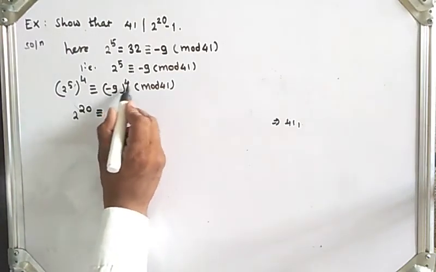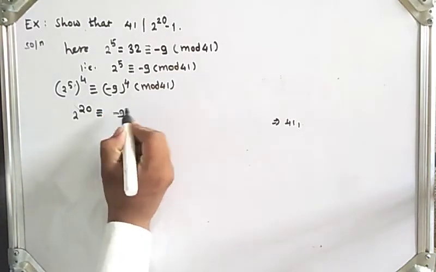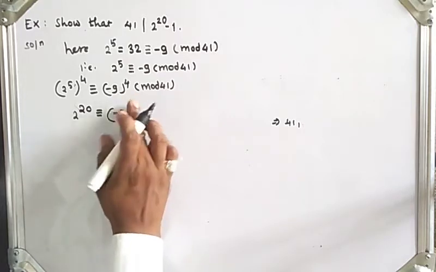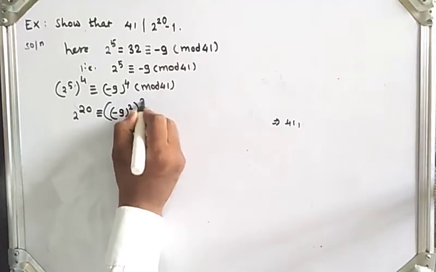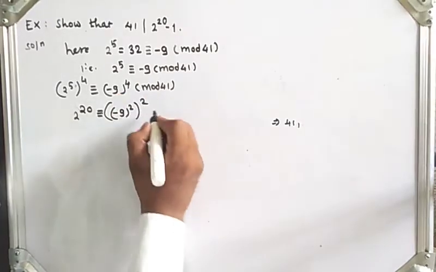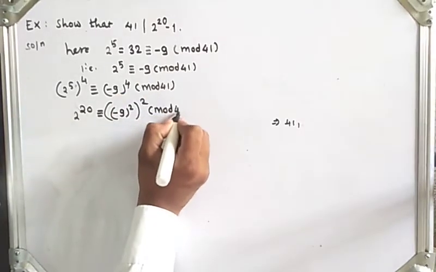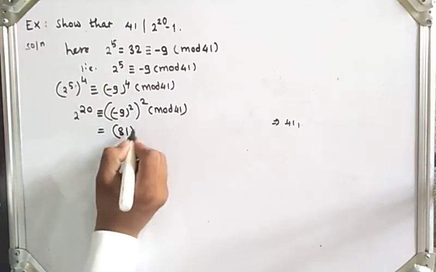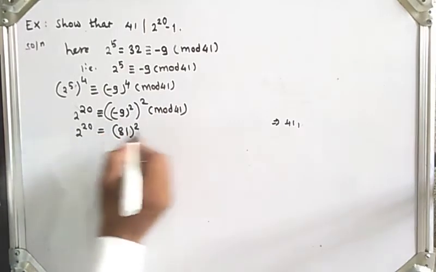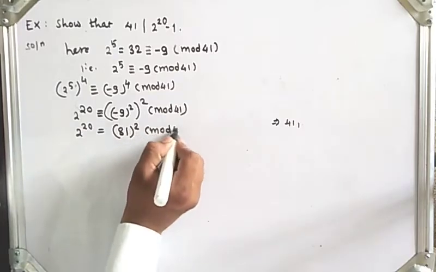I will write minus 9 squared, and the whole squared, meaning the power will be 4, modulo 41. So minus 9 squared is 81, and here 2 raised to 20 modulo 41.